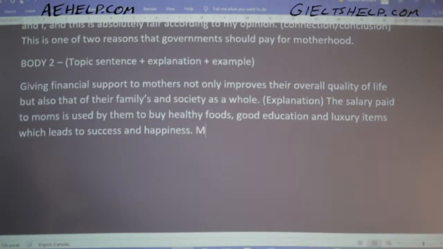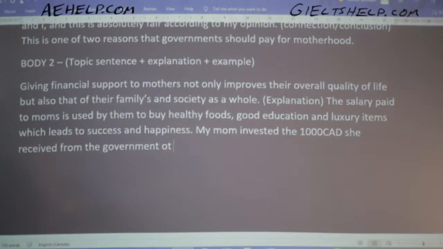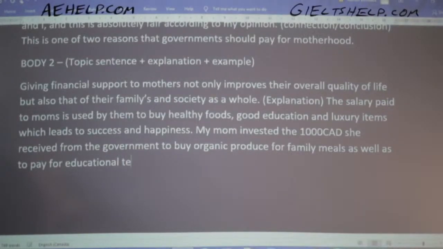So my mom invested the 1,000 Canadian dollars she received from the government to buy organic produce for family meals, as well as to pay for educational textbooks and videos.